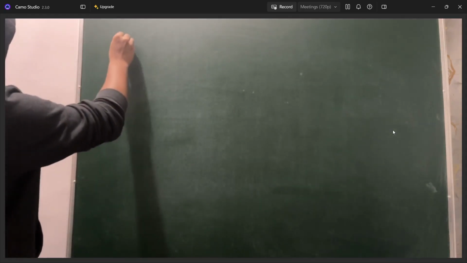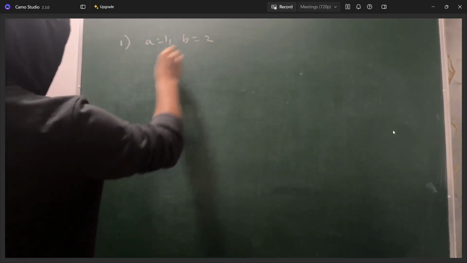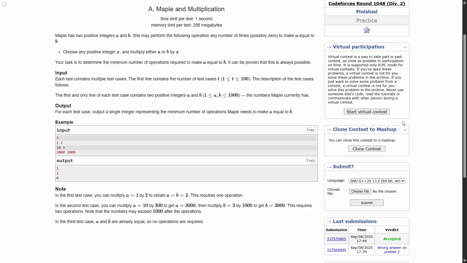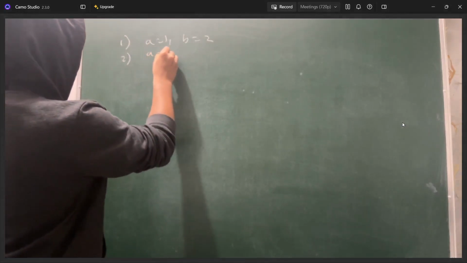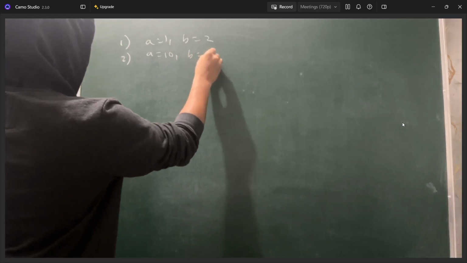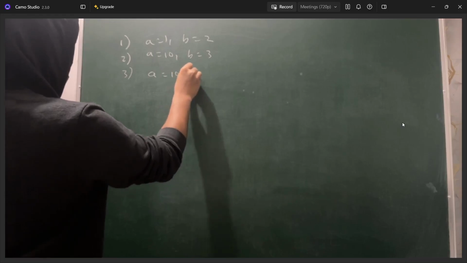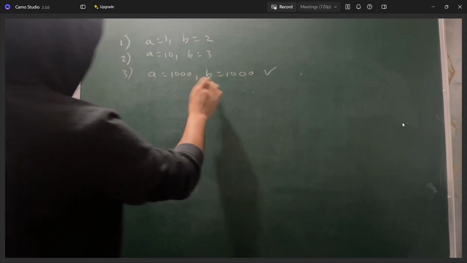In the first test case they've given a as 1 and b as 2. In the second they've given 10 3, and in the third they have given 1000 and 1000. So this is a trivial case, as you can see.